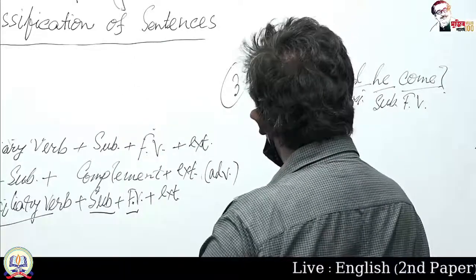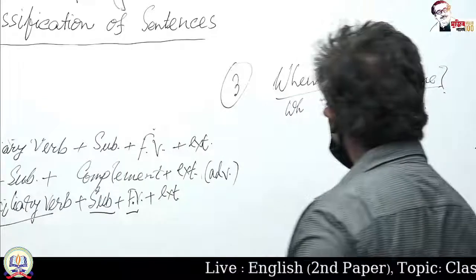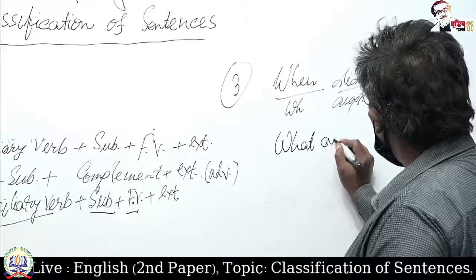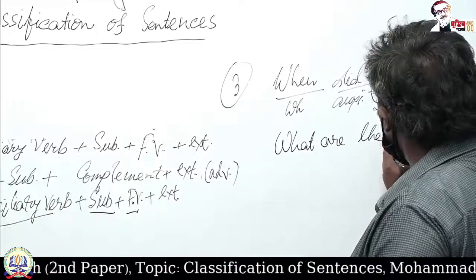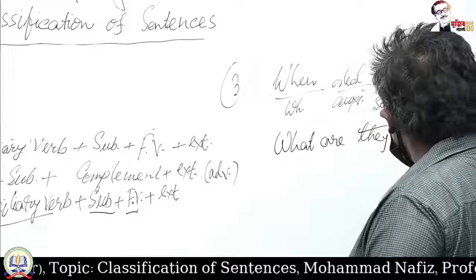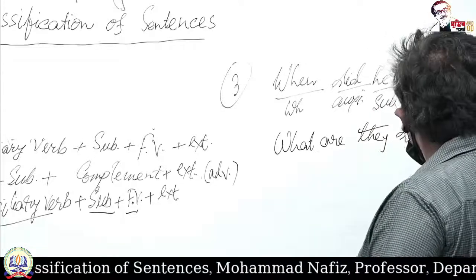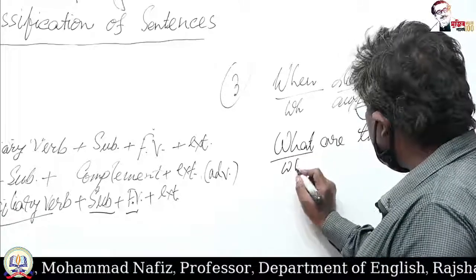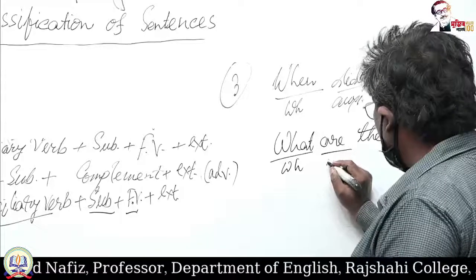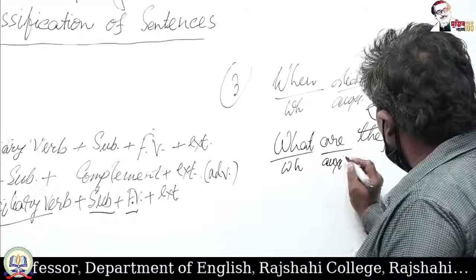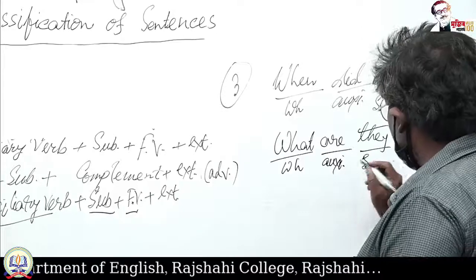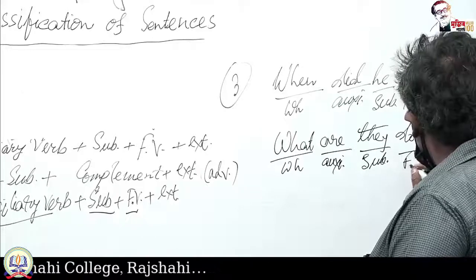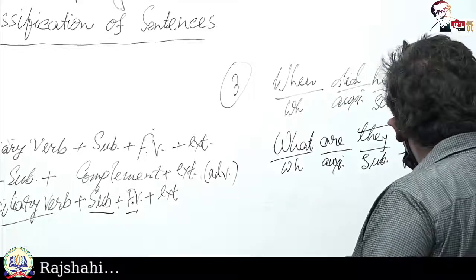For example, look at this sentence: What are they doing now? In this sentence, we have the WH, what, are is the auxiliary verb, they is the subject, doing is the finite verb, now is the adverb.